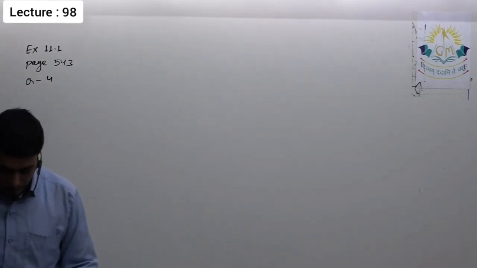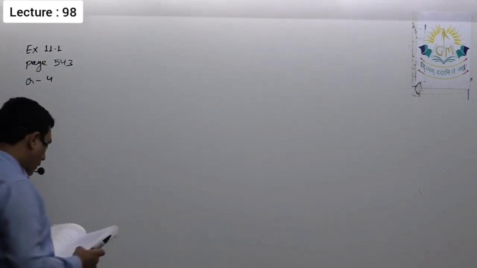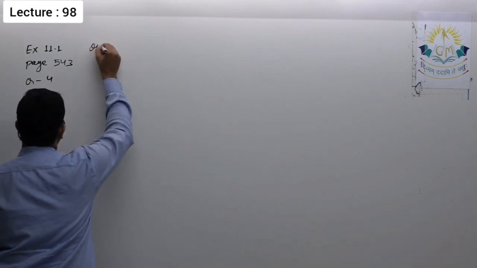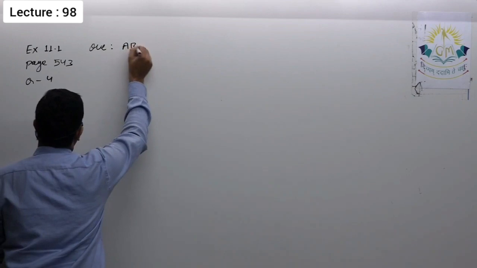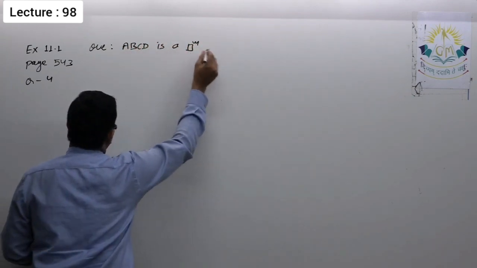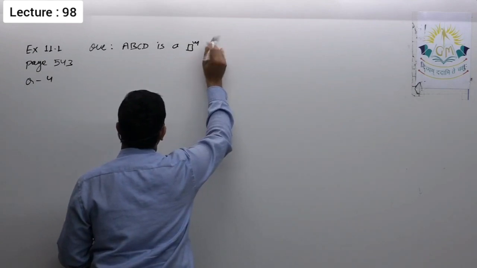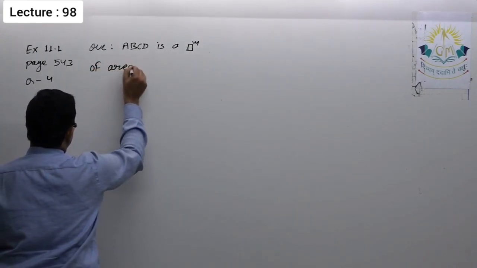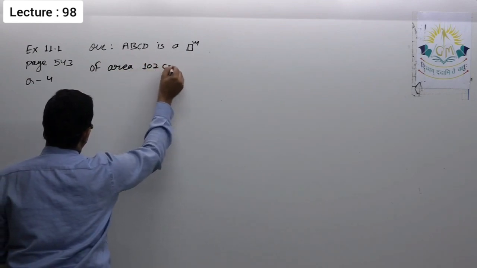Question number 6: ABCD is a parallelogram of area 102 centimeters square.